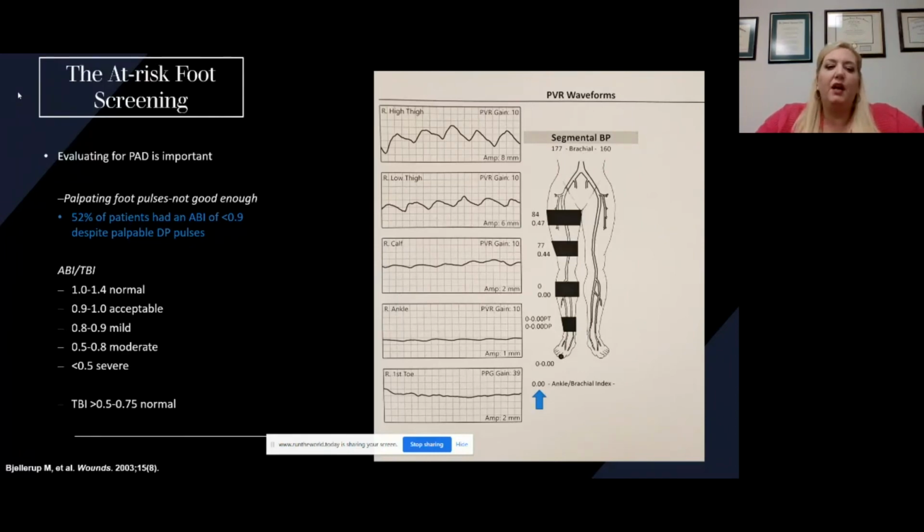So a TBI of 0.5 to 0.75 or greater is good. That means they have that distal blood flow, and they should have a decreased propensity of skin breakdown. And if they should develop a diabetic foot ulcer, they have a good chance of healing that ulcer because they have adequate blood flow.